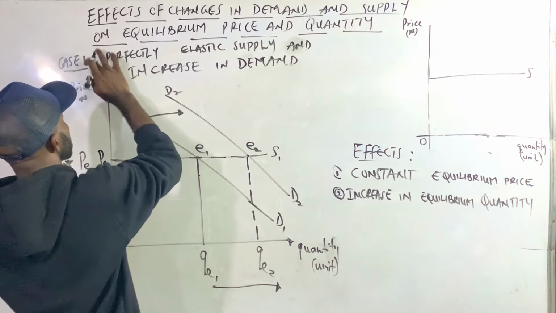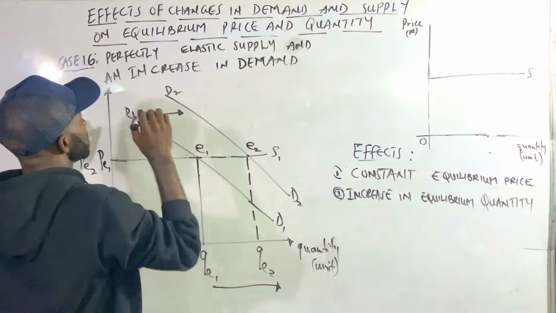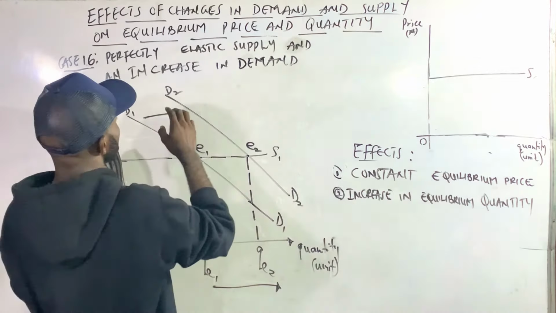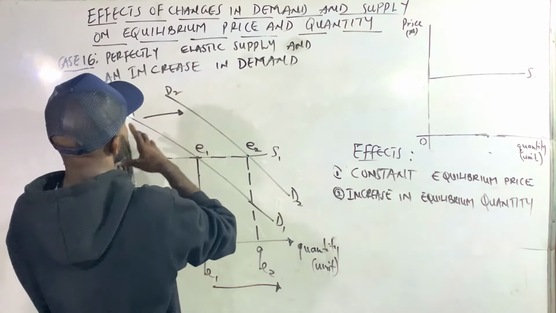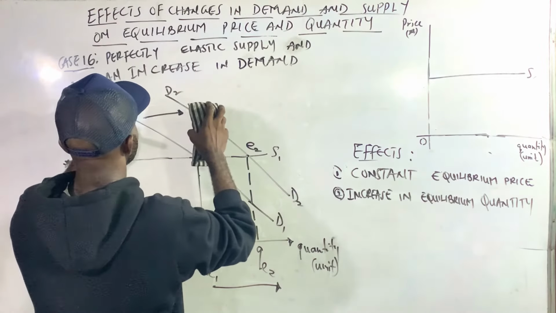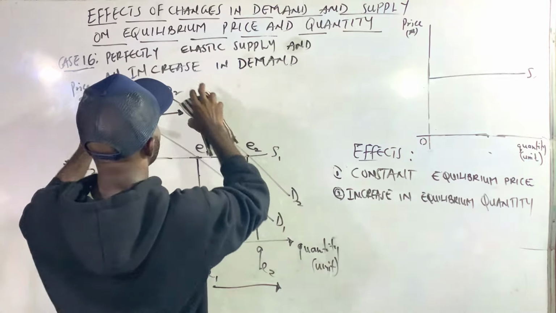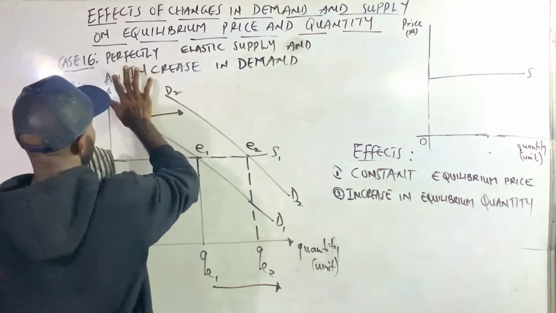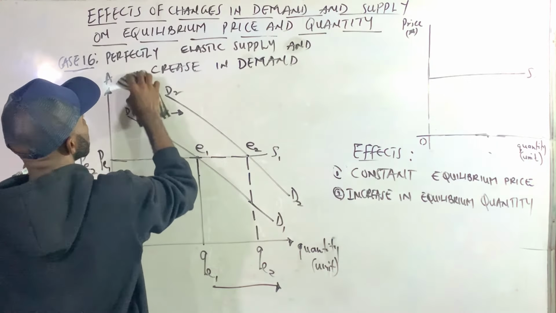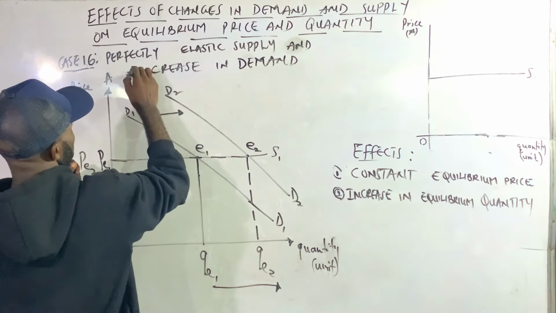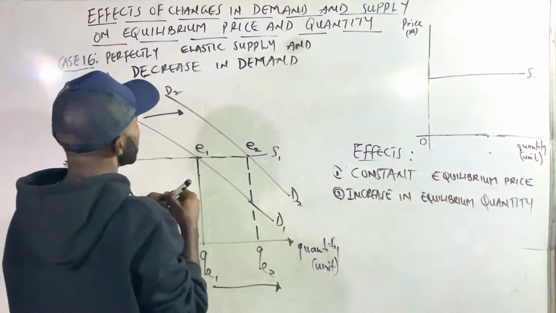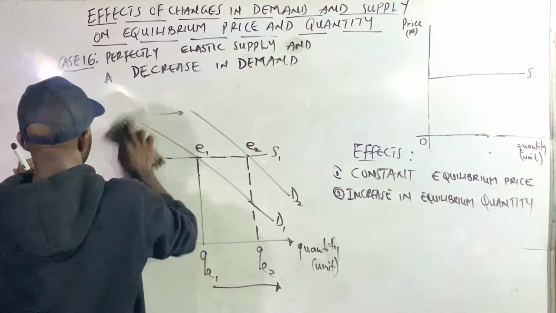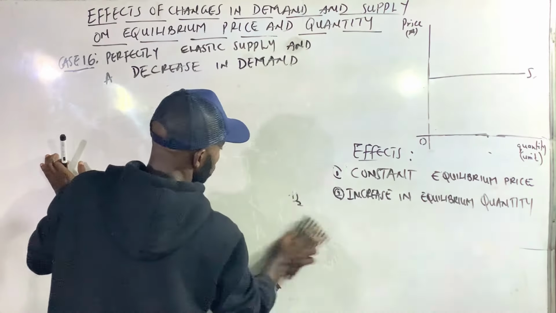So we're moving on to case number 16. For case number 16, we only need to put up a little adjustment on what we had in case number 15. So from case number 15 to case number 16, we're going to have perfectly elastic supply and a decrease in demand. Let's take the whole diagram out so that we don't get confused.